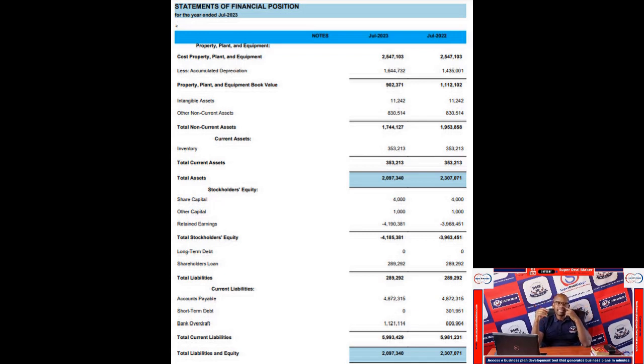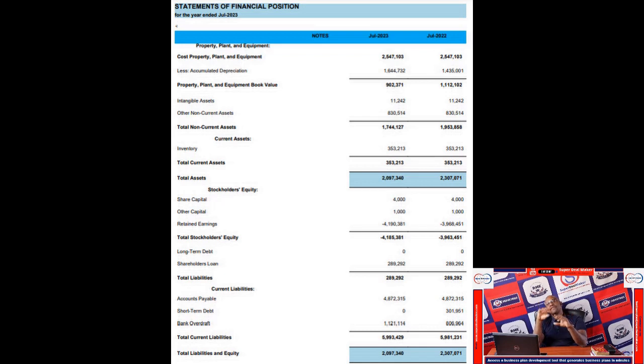That's how you read the balance sheet. That's how you'll understand how to interpret the numbers that are on your balance sheet. The total assets must always be equal to your liabilities and owner's equity total. So the two must be balancing. If they are not, then you have a problem.